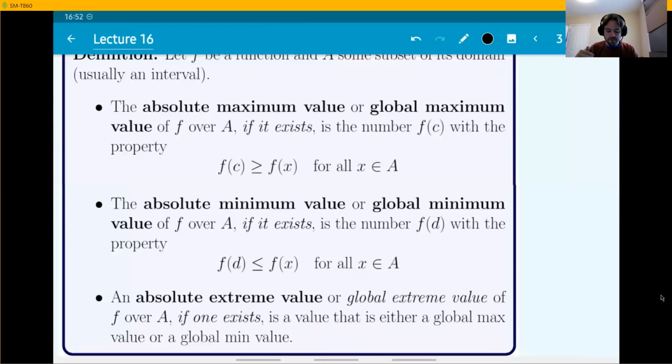It is the largest possible value of the function, the largest possible f of something over that interval A. That's why we call it global maximum, because it's over the entire A.